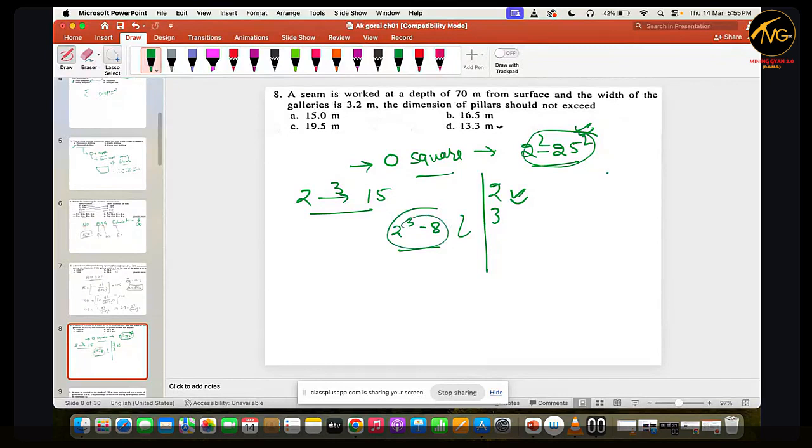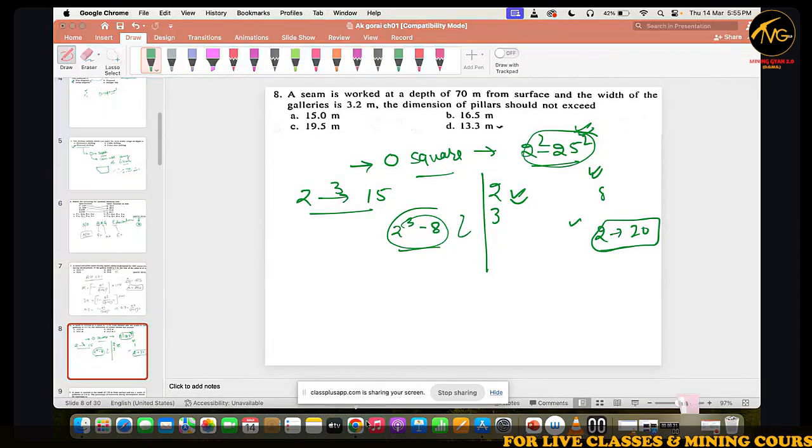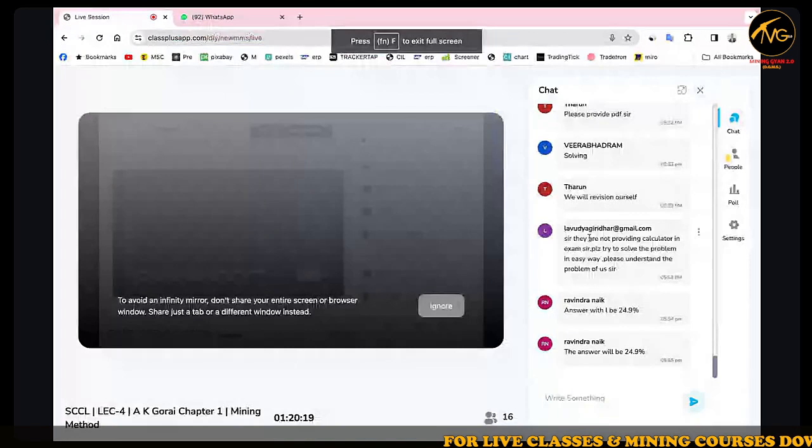Okay, so cube and square you should mug up, and you should know the table 2 to 20 at least. Okay, tomorrow I will again solve these questions in detail, so nobody will face any problem, and I will discuss in detail.